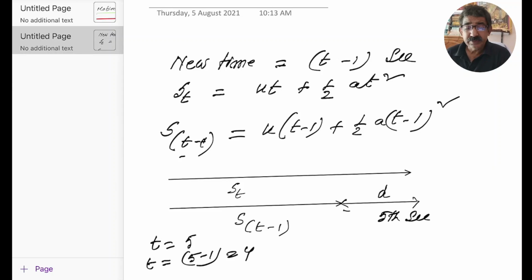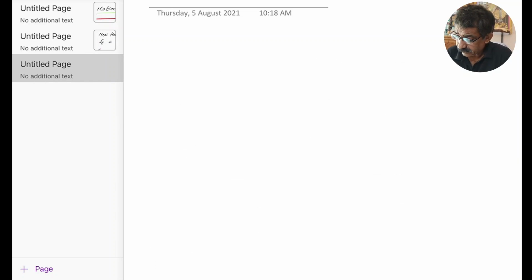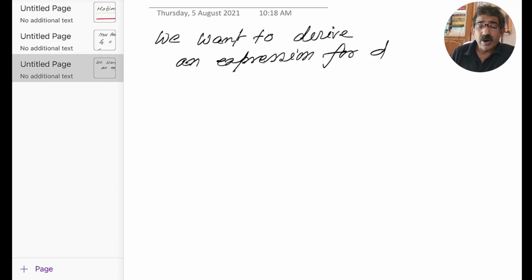We have to derive the expression for d. We want to derive an expression for d.